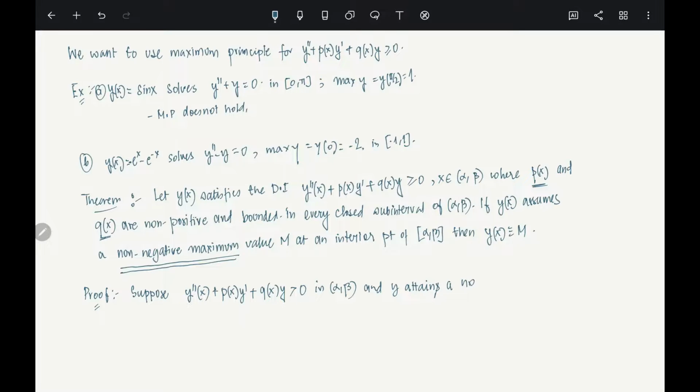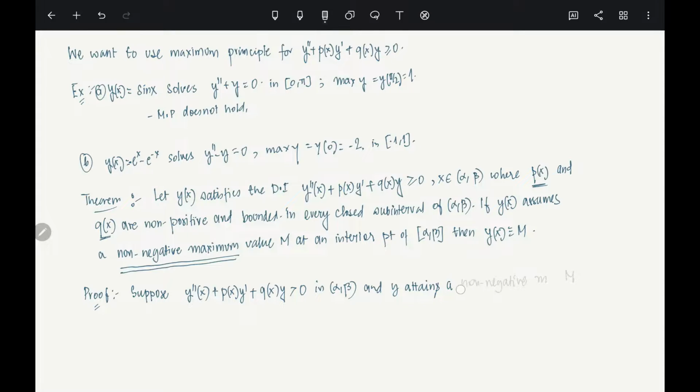This is very important, not any maxima but non-negative maxima m.